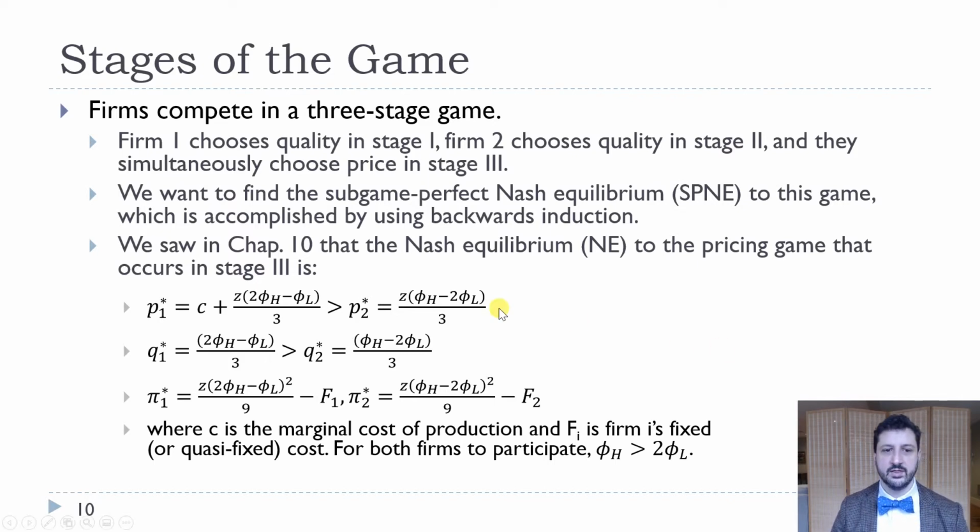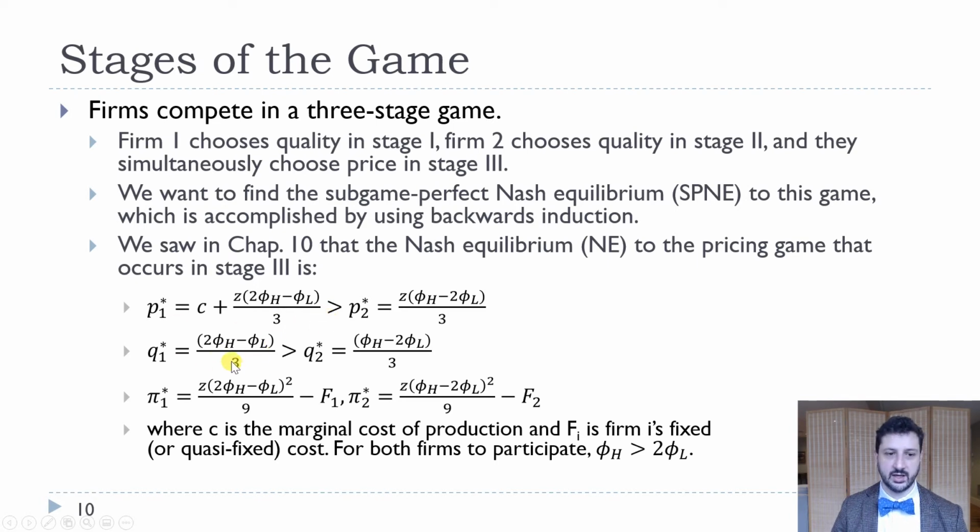In stage 3, we've already solved for the pricing for given levels of quality. So we have pricing, quantity, and profits. We just don't know what the quality levels are. All we know is the Z parameter, which is Z1 minus Z2. We know from before that the price is going to be higher for firm 1 because they have the higher quality product. Remember, Z1 is larger than Z2 by assumption.